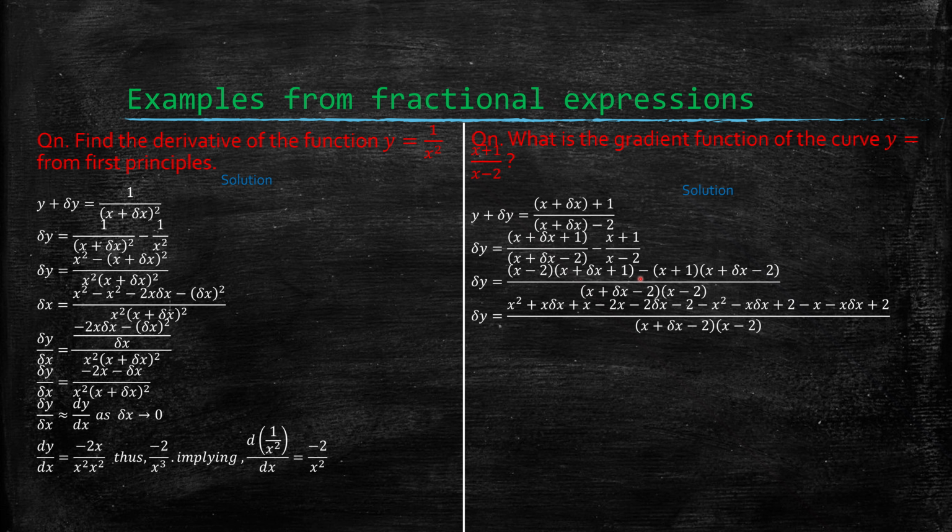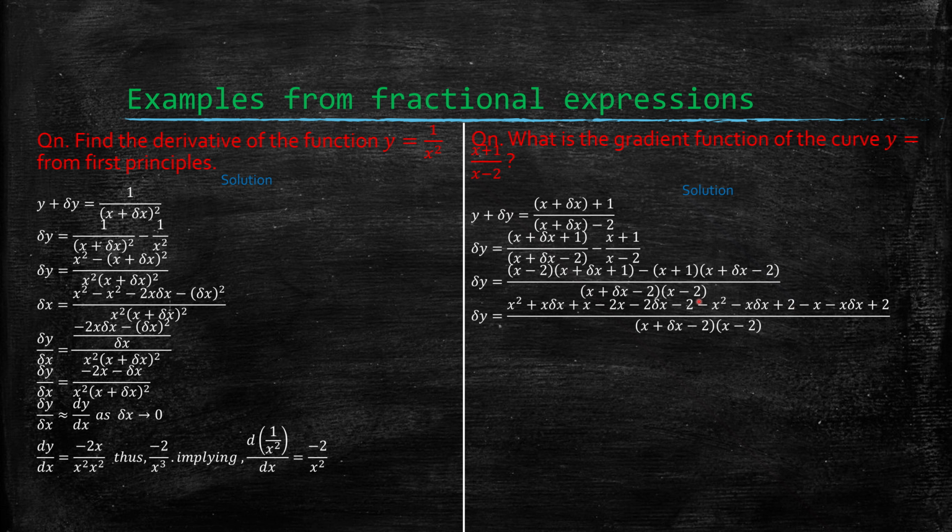Then also when expanding this one, we're going to have negative x squared, as you see here. Then this negative x is going to multiply here, which is positive, which gives us negative x small change in x. And again, this negative x is going to multiply this negative 2 to give us positive 2x. Yeah, there was an x here.